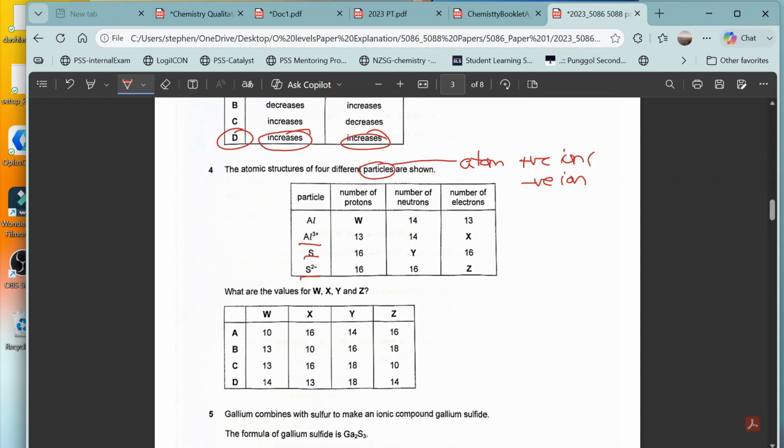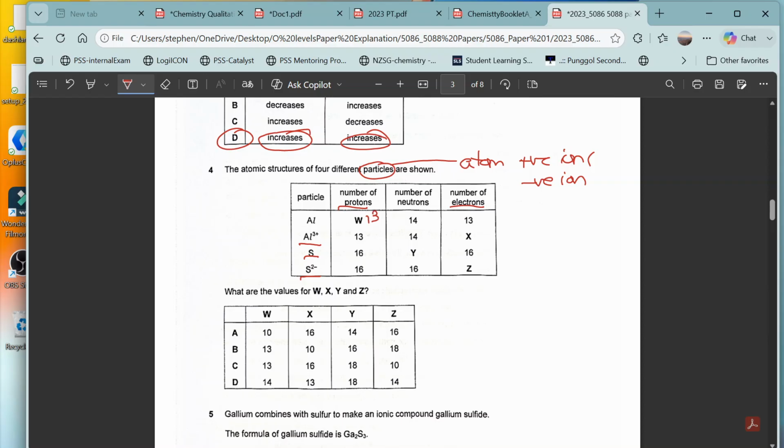Okay, look at the charges, the valency. Aluminium is an atom, it's not an ion because there are no charges. If that is the case, that means the number of protons and electrons are equal. There's no loss of electrons.